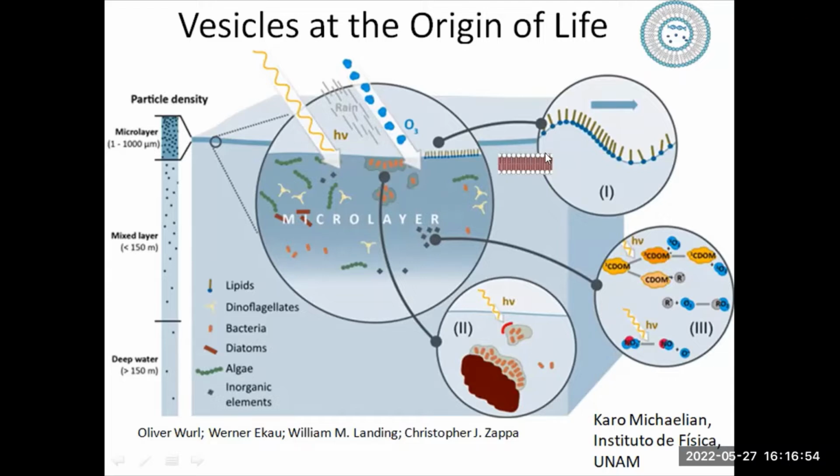So the hydrophobic parts are on the inside and the hydrophilic on the outside. And that forms these double layers of which these vesicles are made. So I'll give you the whole description of how these vesicles could have been made at the origin of life on the ocean surface using only UVC light and water which was saturated with carbon dioxide or carbon monoxide.